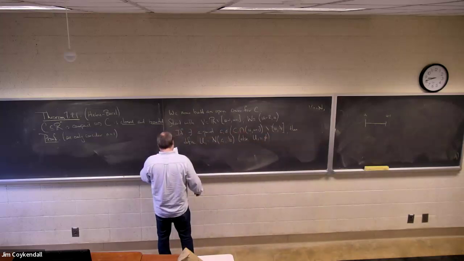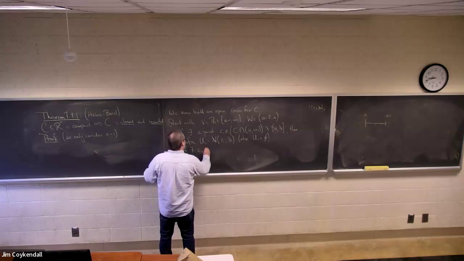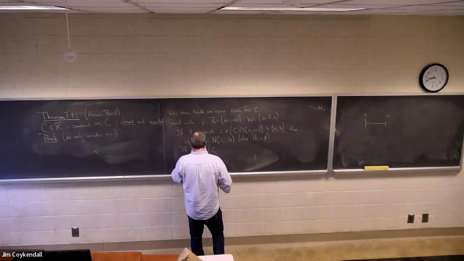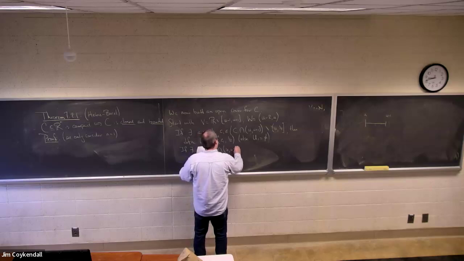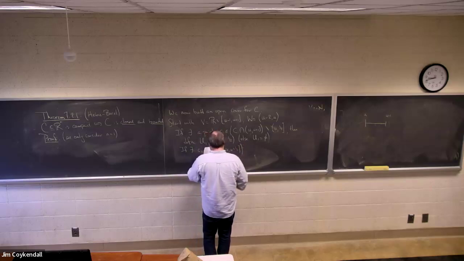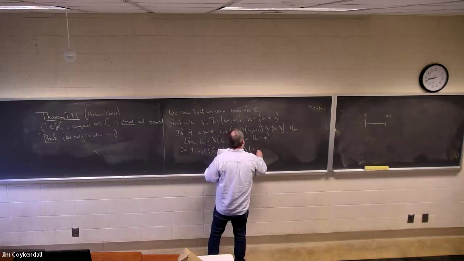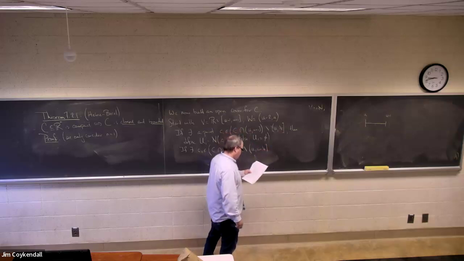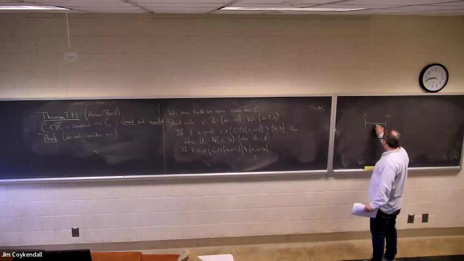Now, if there exists C2 in C intersect U plus 1/2, but not in U to U plus 1/4.